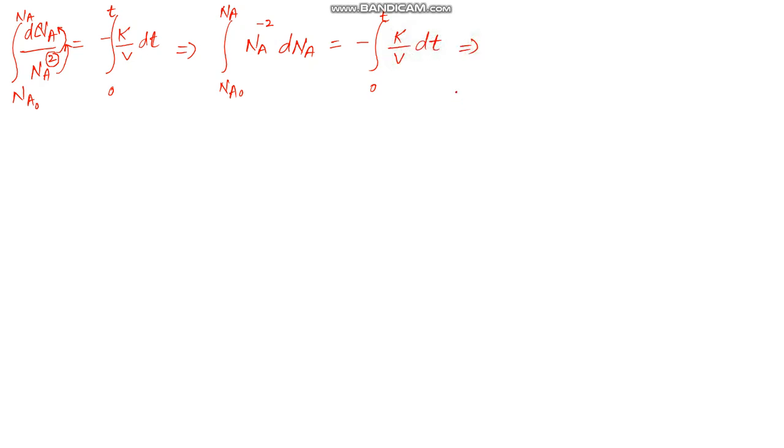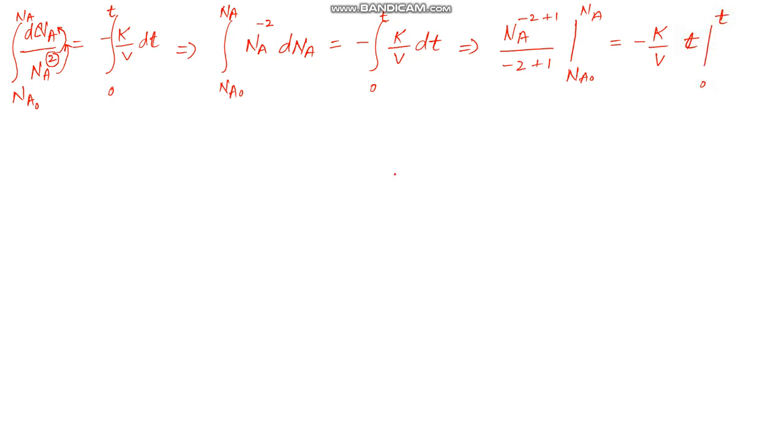As we have already solved this type of differential, it is Na to the power negative 2 plus 1 divided by the same power, minus 2 plus 1, from Na naught to Na, is equal to minus K over V, because these are constant, multiplied by t, 0 to t.